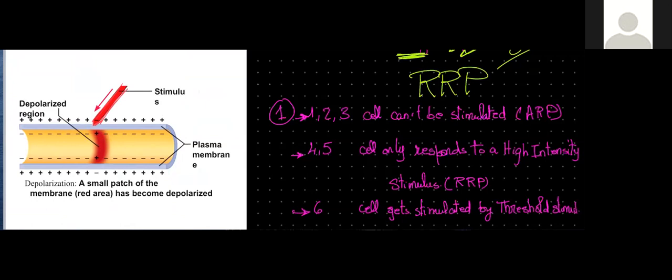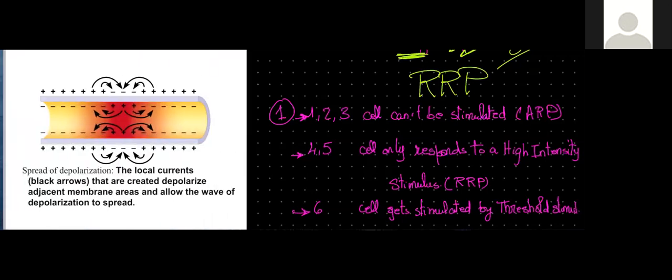So I will open some sodium channels, but not enough sodium channels for the voltage-gated sodium channels to open and the electrical impulse to propagate. So it's going to be a localized current only at this point in the cell.